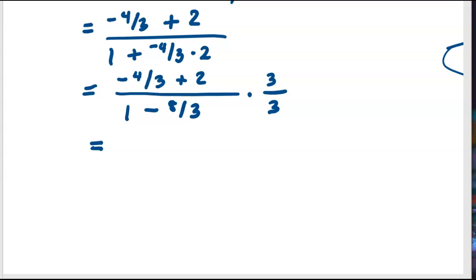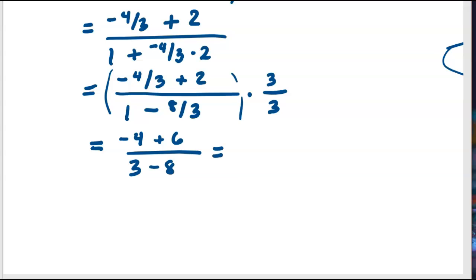Once again, you do not have to do this. You can use other methods to simplify, but I think it's kind of cool to see this because it's nice when there are variables involved. So negative 4/3 times 3 is just negative 4. 2 times 3 is 6. Okay, fractions are gone. 3 times 1 is 3. Negative 8/3 times 3 is just negative 8.